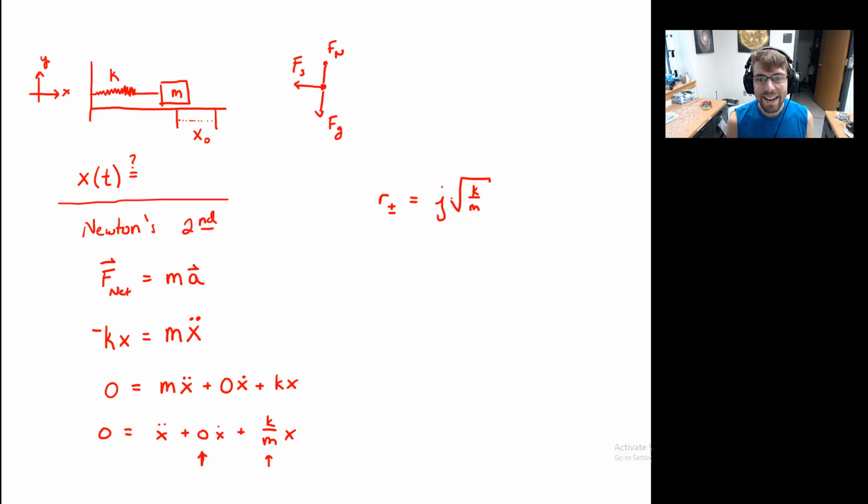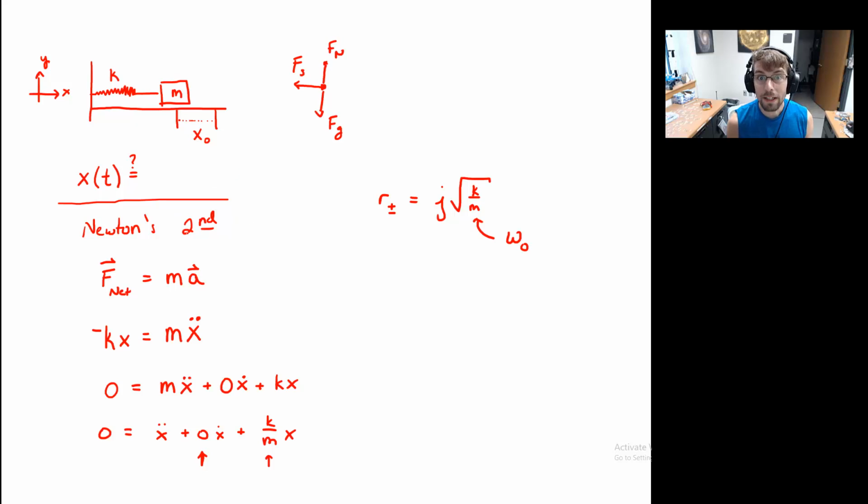All right? And this square root of k over m is sometimes referred to as omega naught, both in a mechanical system as well as an electrical system, which is given as the natural frequency of the oscillation. Pretty cool, huh?